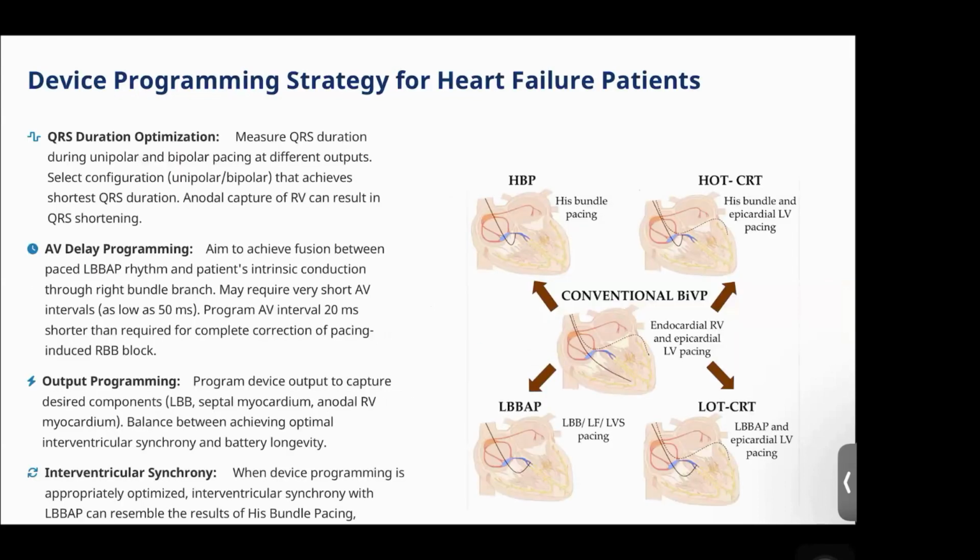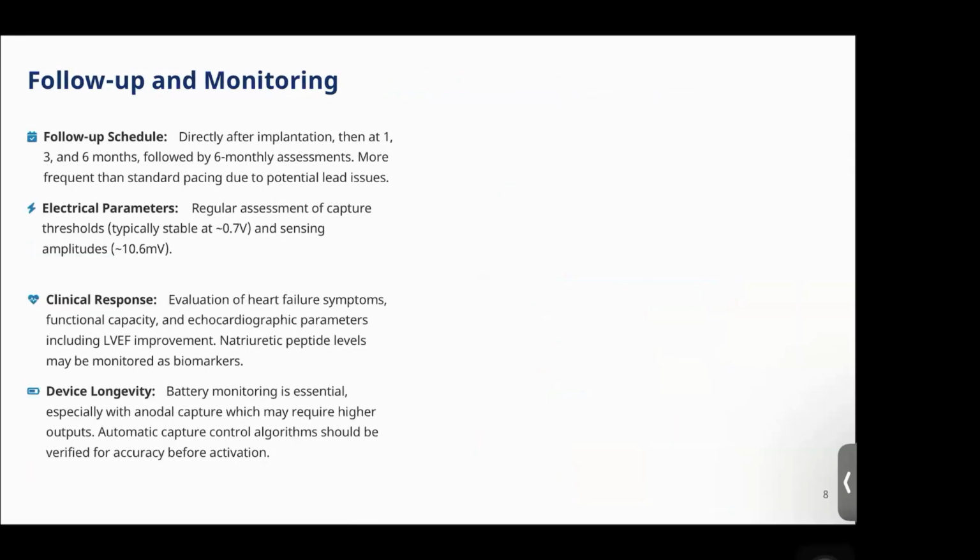Device programming strategy for heart failure patients. I think you know what is meant by HOT CRT and LOT CRT: we replace the conventional RV lead with either His bundle pacing or left bundle pacing. If, in addition to the LV pacing lead, we have His bundle plus the CS lead, it is named HOT CRT; left bundle branch area pacing lead plus CS lead is LOT CRT.